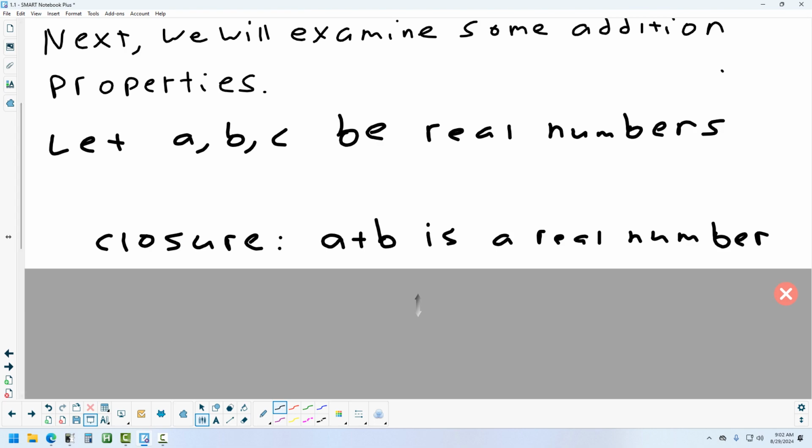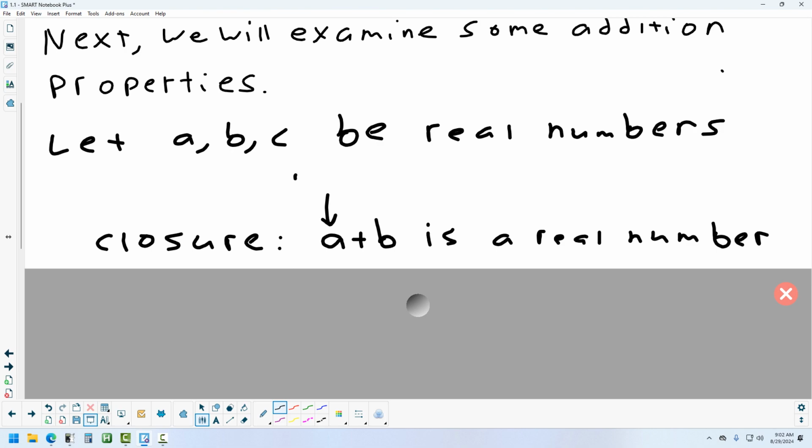Okay, the first property is called closure. So I just said earlier that a represents what kind of number? A real number.